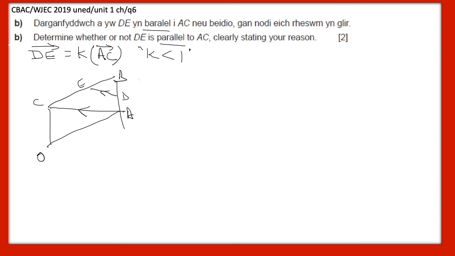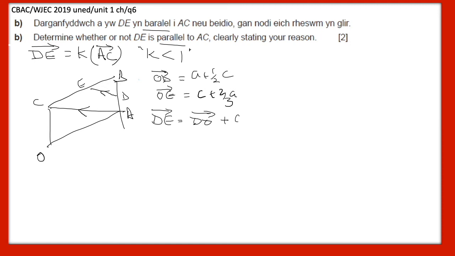So I had in my answers to the previous parts that OD, or the position vector of D if you like, was A plus 1/2 of C, and that OE was C plus 2/3 of A, and if I want to go D to E, D to E is going to be D to O, which is the same as OD but in the opposite direction, plus O to E. So I'm going to get minus (A plus 1/2 C).